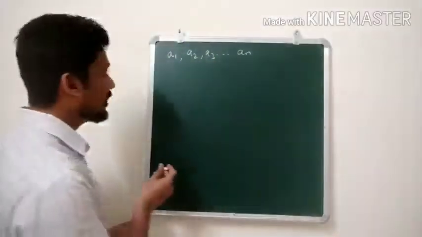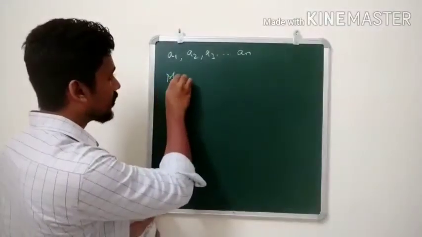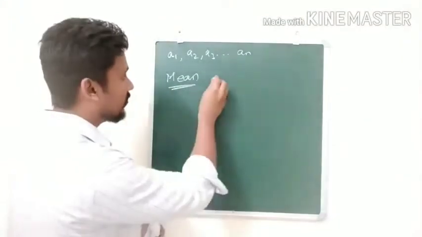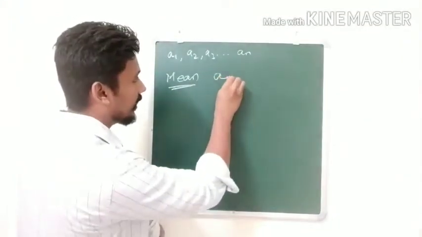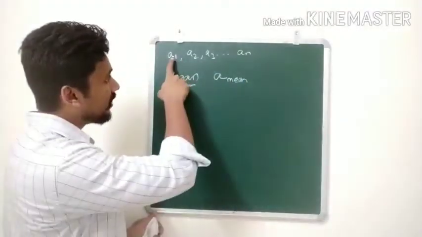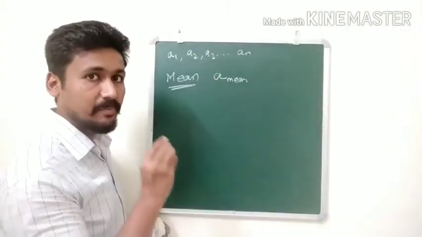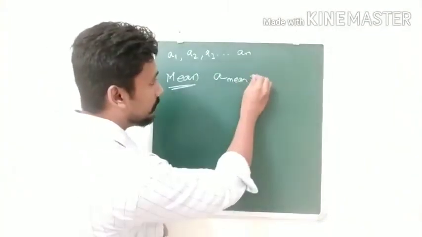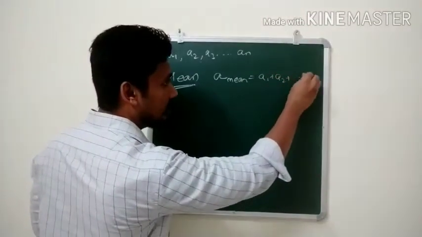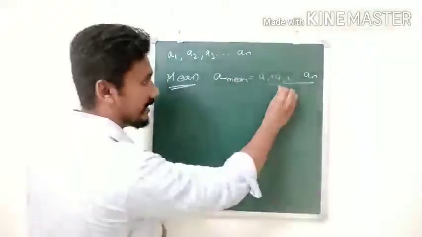First we will find something called the mean value, or the average value. So what is the meaning of mean or average? We denote it by the symbol A, and we will write here A mean. So what is the meaning of A mean? We add all the values that we have measured and divide it by the number of values. So A mean will be equal to A1 plus A2 plus A3, so on up to AN, divided by how many readings we have taken, that is n.